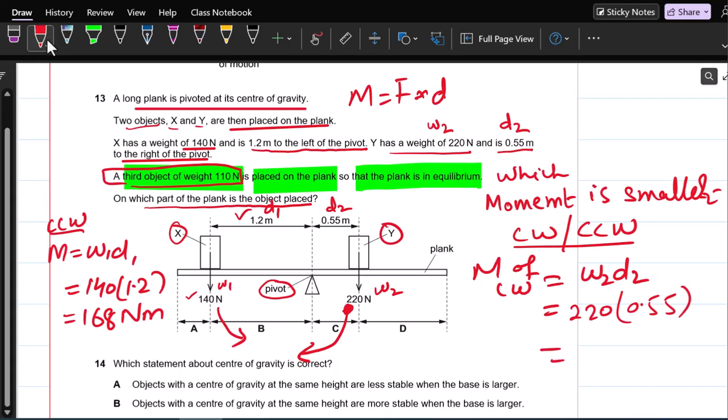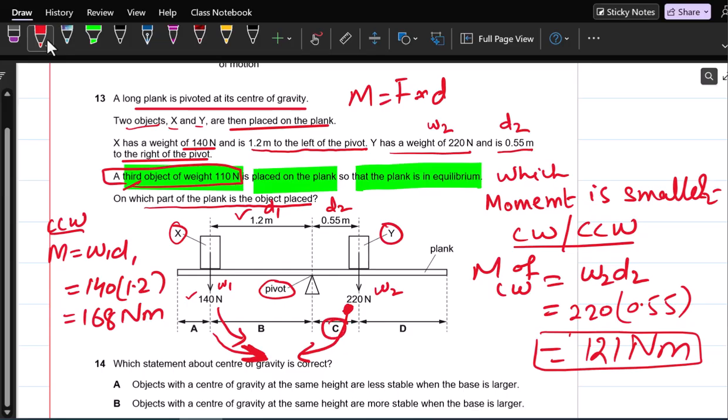It comes out 121 Newton meter. So the plank is in a condition that it is going to turn anticlockwise. The clockwise moment is smaller, so I have to place the third object on the right side. So it should be placed at C.